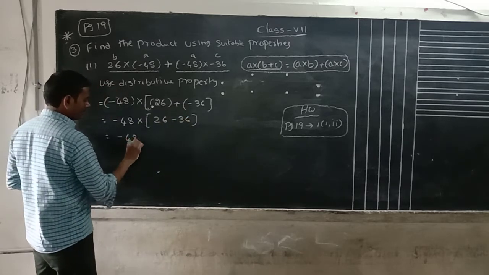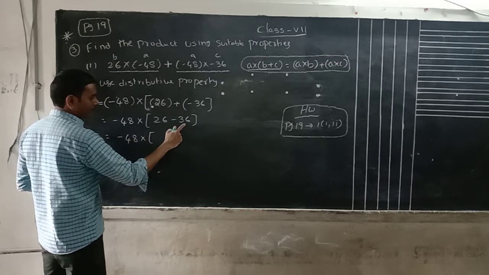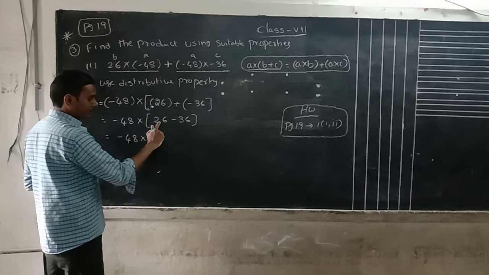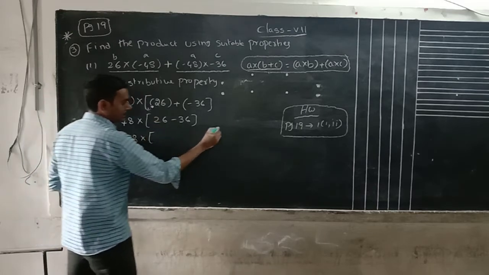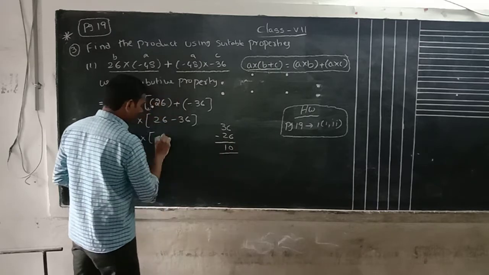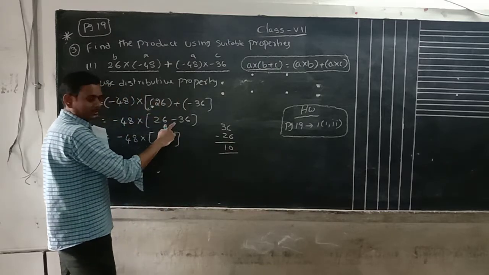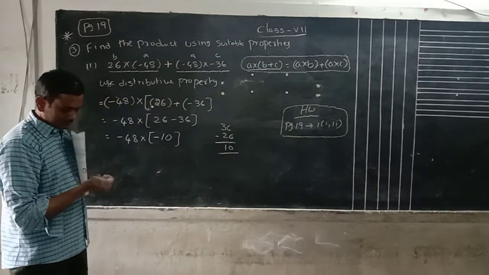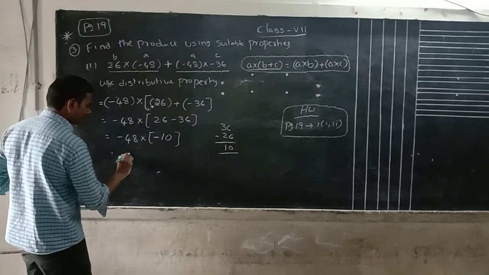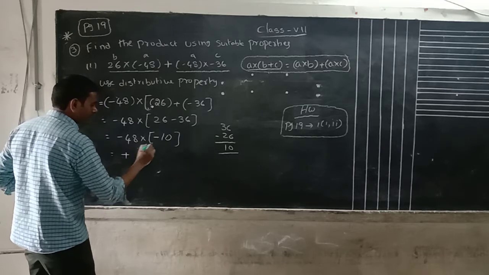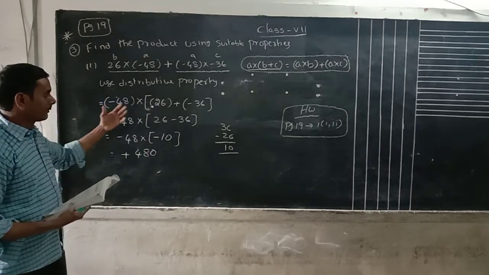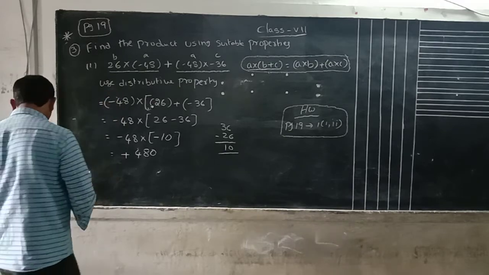Minus 36 having minus, 26 having plus, so 36 minus 26 is 10, but which sign do I have? Minus 10. Then minus 48 into minus 10, minus into minus is plus, 48 into 10 is 480. These are very important. Which property you are using, that you have to know.